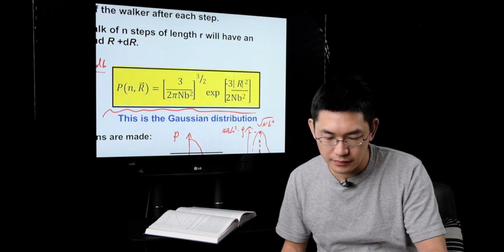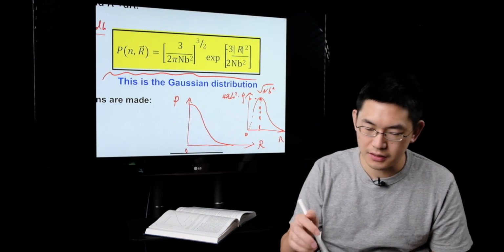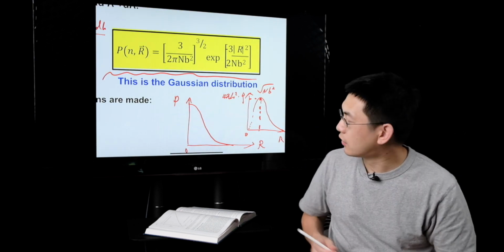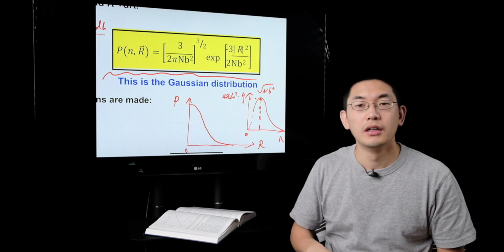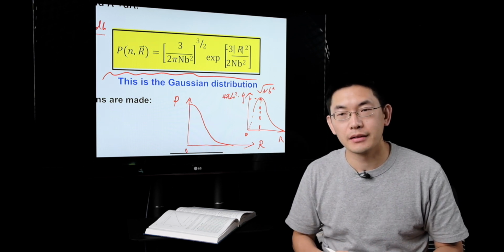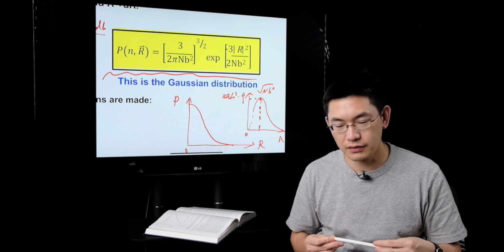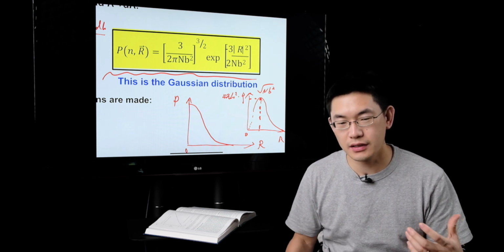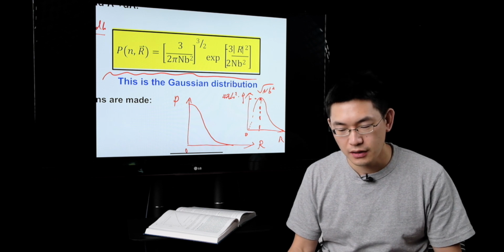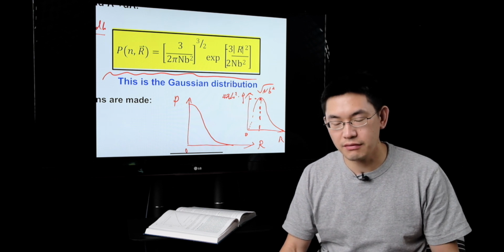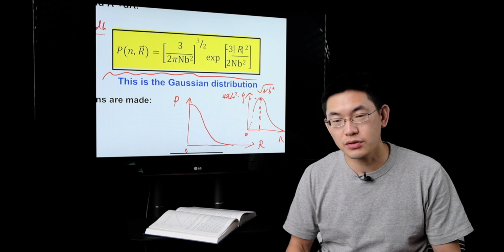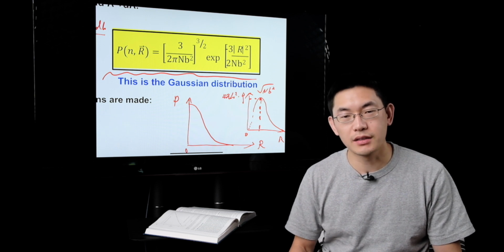I believe we are discussing this curve on the bottom right. Do you understand why there are two different things: the end-to-end distance distribution versus the average end-to-end distance? Those two are different.